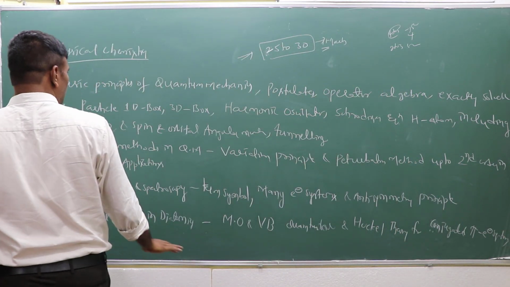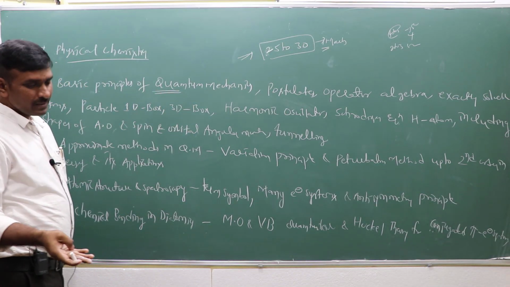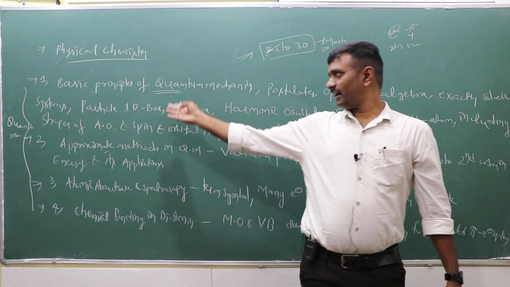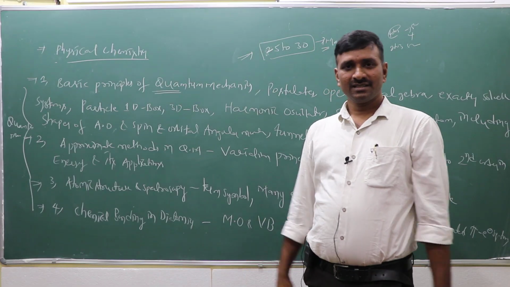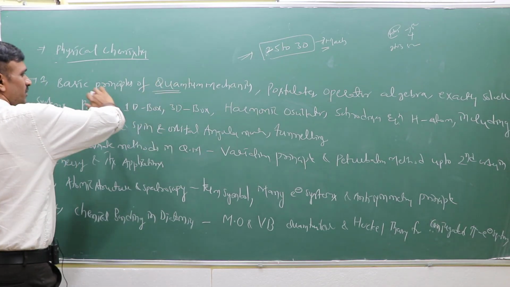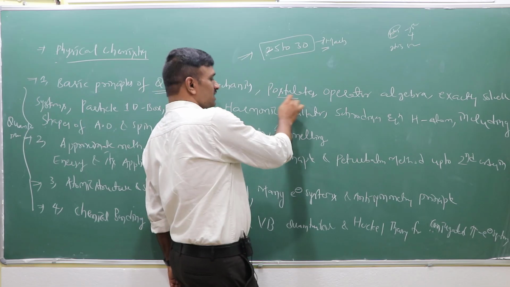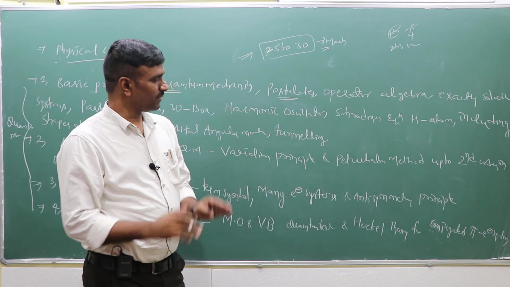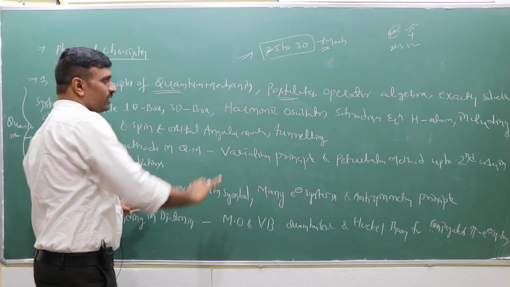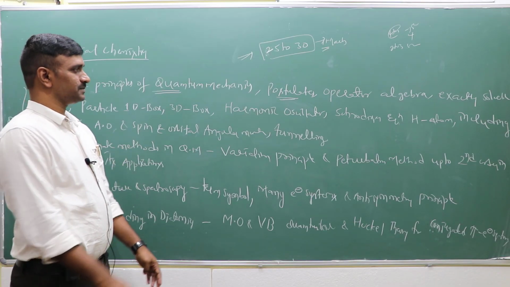Basic principles of quantum mechanics here means black body radiation, photoelectric effect, de Broglie hypothesis, Heisenberg uncertainty principle, and Planck's theory. And the 5 postulates mentioned in the syllabus are very helpful to learn the entire quantum mechanics, as it depends upon these postulates only. I can explain in a detailed manner.